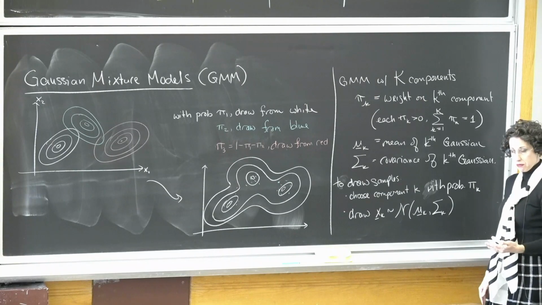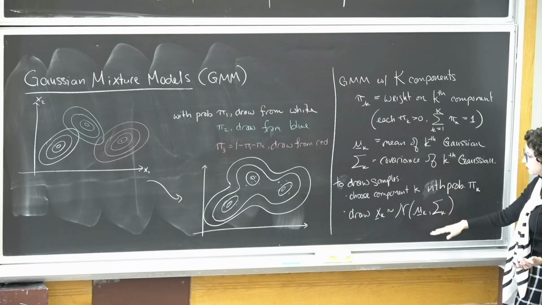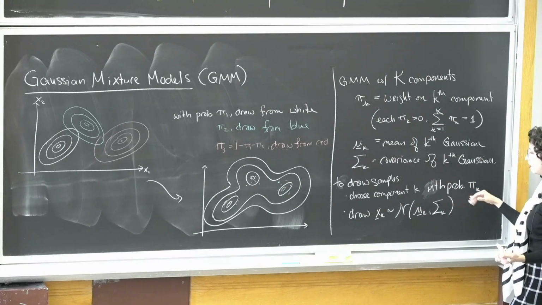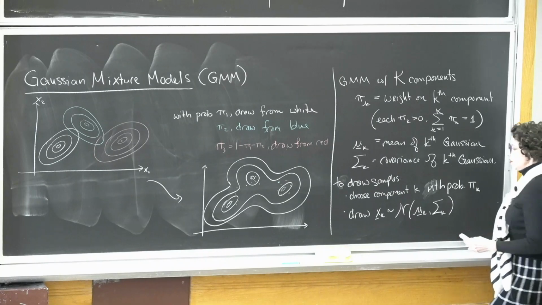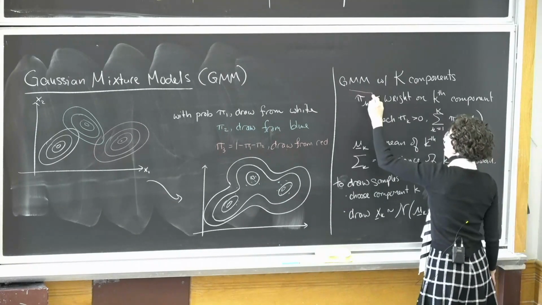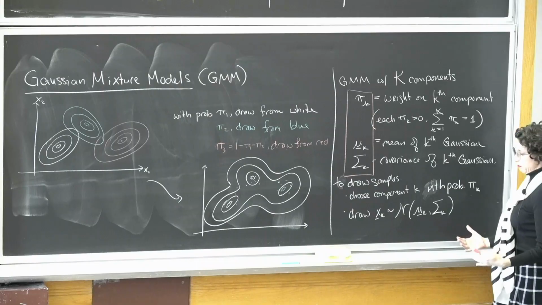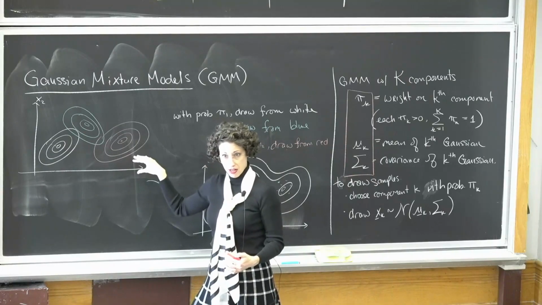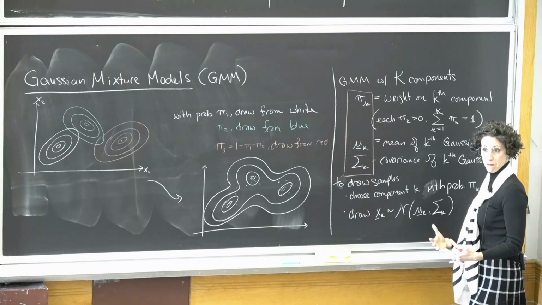So now imagine that I've got a collection of n different samples that are drawn from this mixture of Gaussians. So each sample is coming from this process where we chose some component with some probability, and then we drew from the corresponding Gaussian distribution. So what we'd like to do is to estimate these three things: what the weights are, what the means are, and what the covariances are. And if we can basically take our data and figure out that the underlying distribution looks something like this, then we're going to be able to use that in order to do some clustering.